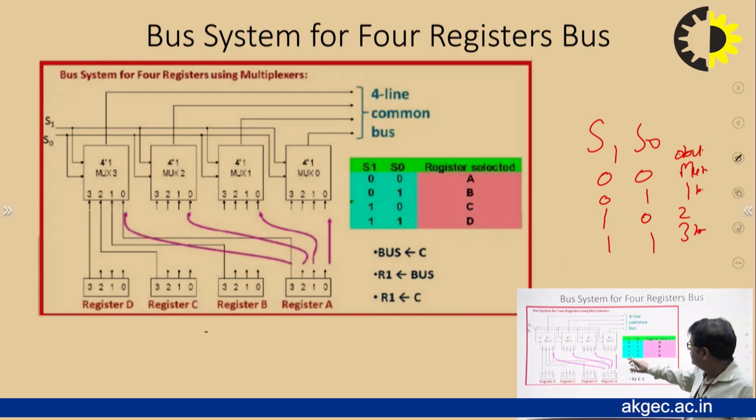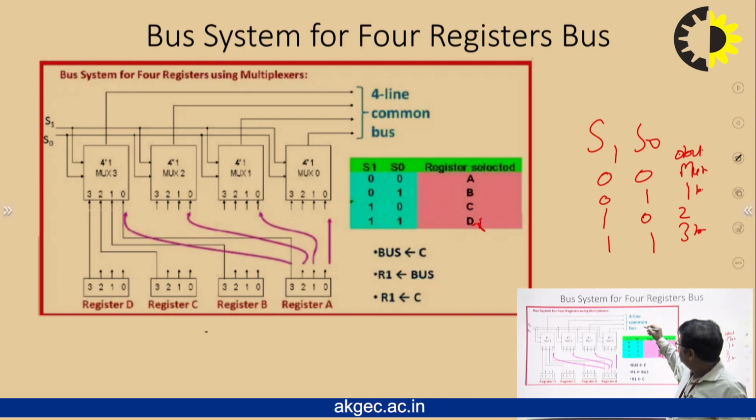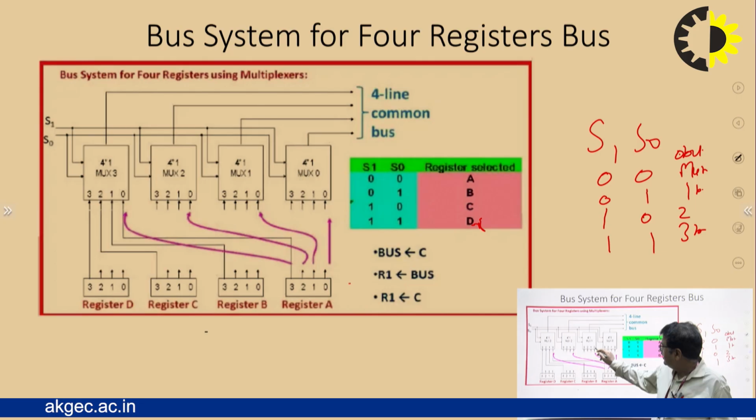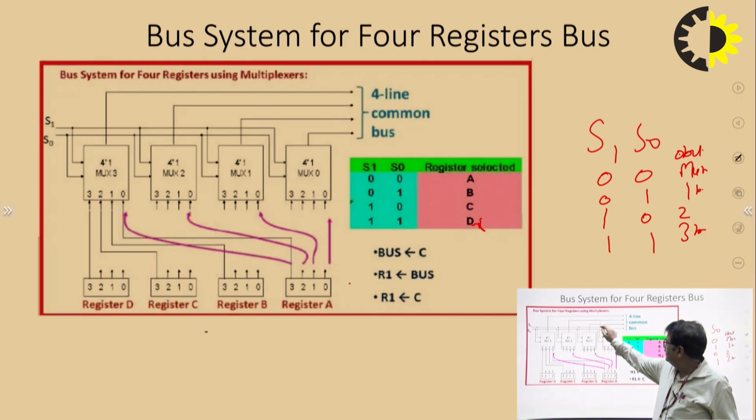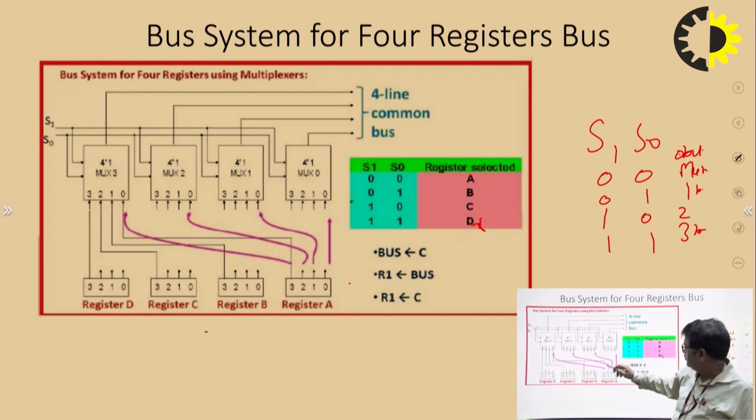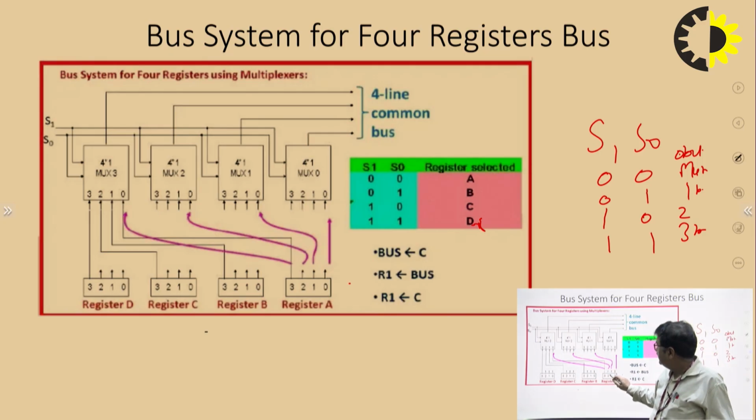If 0 0 is selected, bit 0 of A is selected and its output A0 appears on this line, then output A1 on the next line, A2 on the next, and the output of bit 3 on the last.